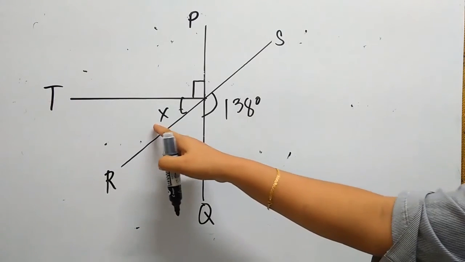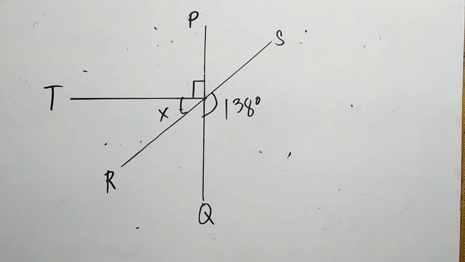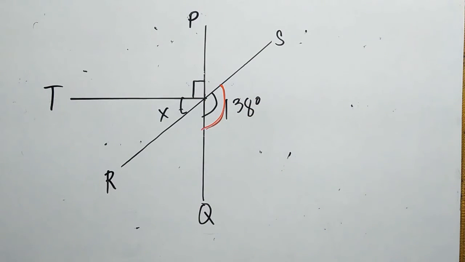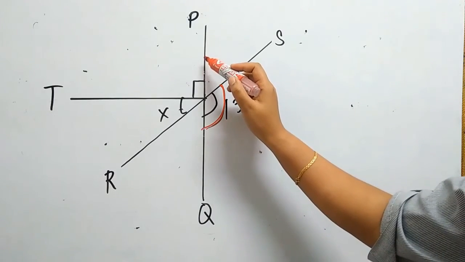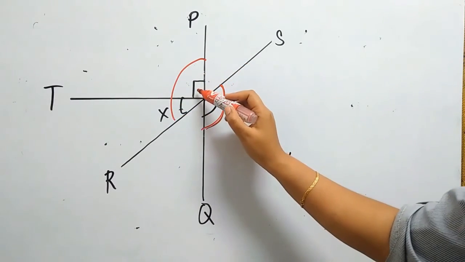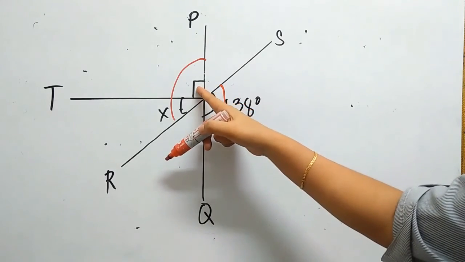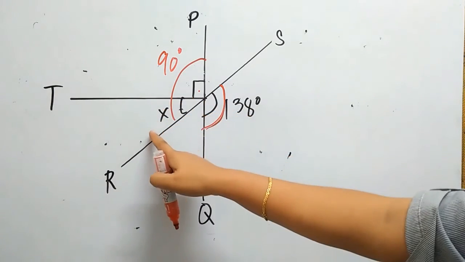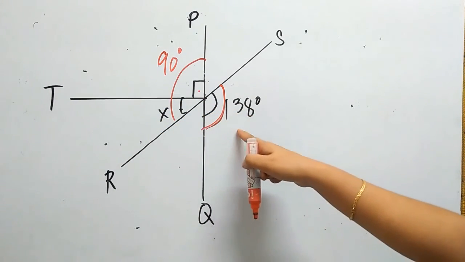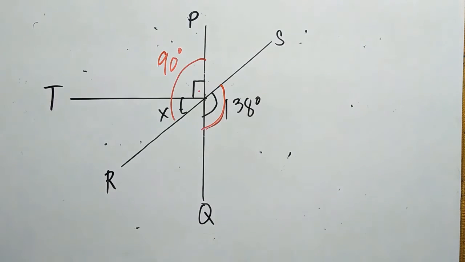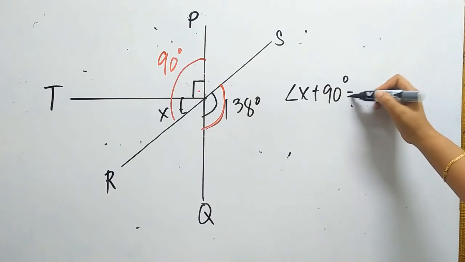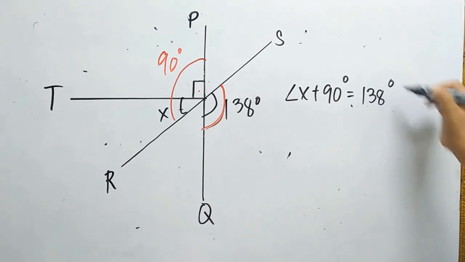How are we going to find angle X? There are vertically opposite angles here. What angles are those? 138 degrees is vertically opposite to this angle. This symbol indicates that this is 90 degrees. It means the sum of 90 degrees and the angle X is equal to 138. So let's add angle X and 90 degrees. Sum is 138 degrees.